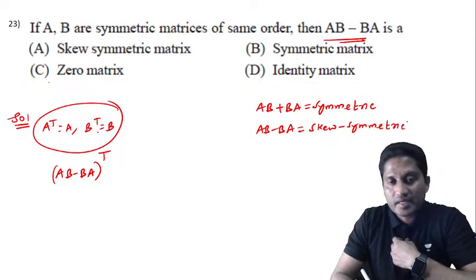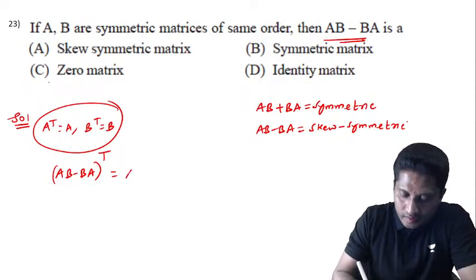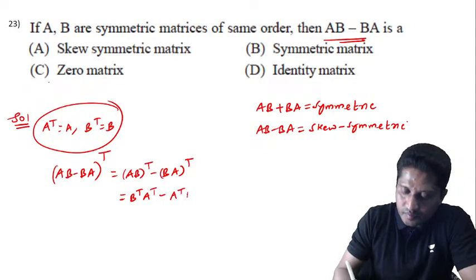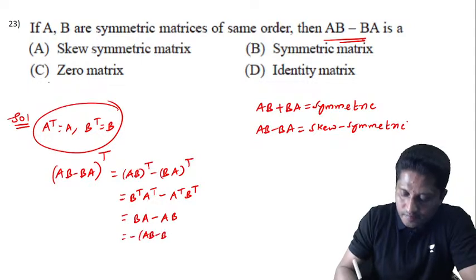If I take AB minus BA transpose, this is AB transpose minus BA transpose. AB transpose is B transpose into A transpose, and BA transpose is A transpose into B transpose. B transpose is B, A transpose is A. If I take minus common, this is AB minus BA.